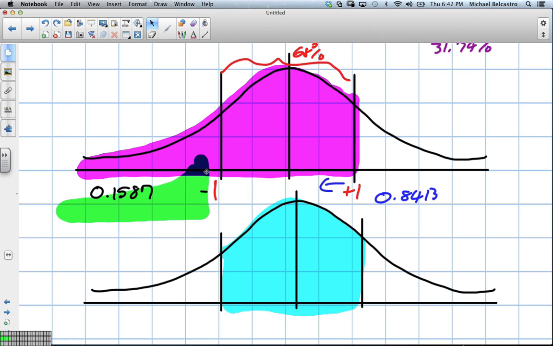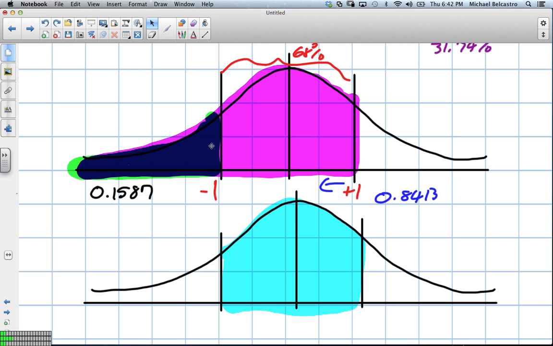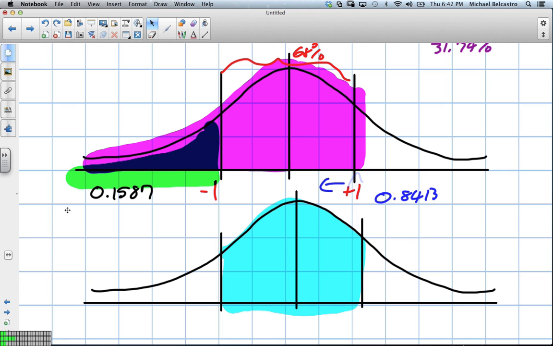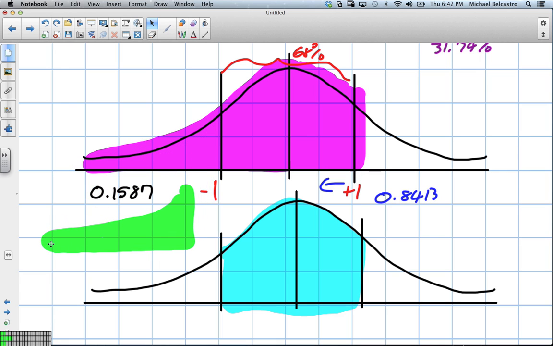See this green part, how it darkens it? Let's just look at what's purple right now. What's purple right now is exactly what's blue. So from this, we need to take out this chunk. We need to subtract it from there.